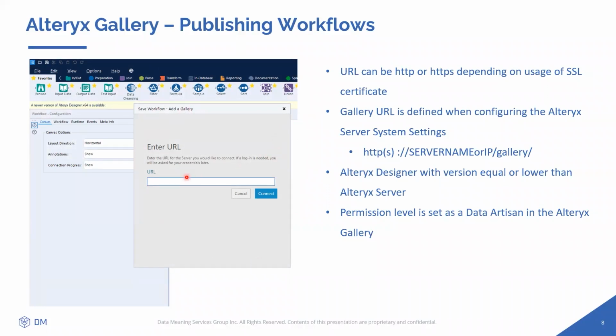Here it can be HTTP or HTTPS, depending on your certificate. The URL and the certificate are all defined when you configure the Alteryx Server system settings, but it's usually like this: your server name or IP/gallery, and that's what you need to fill in there.